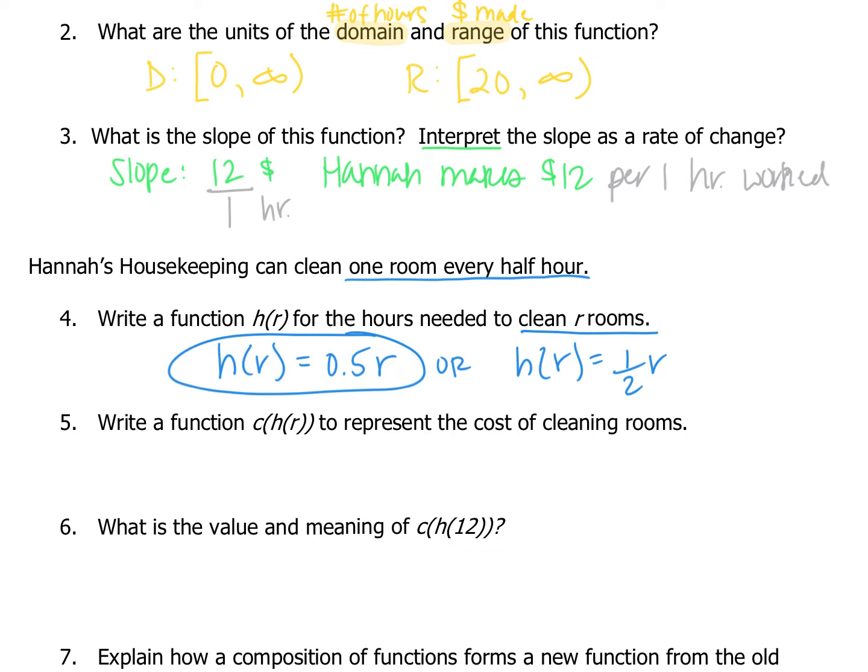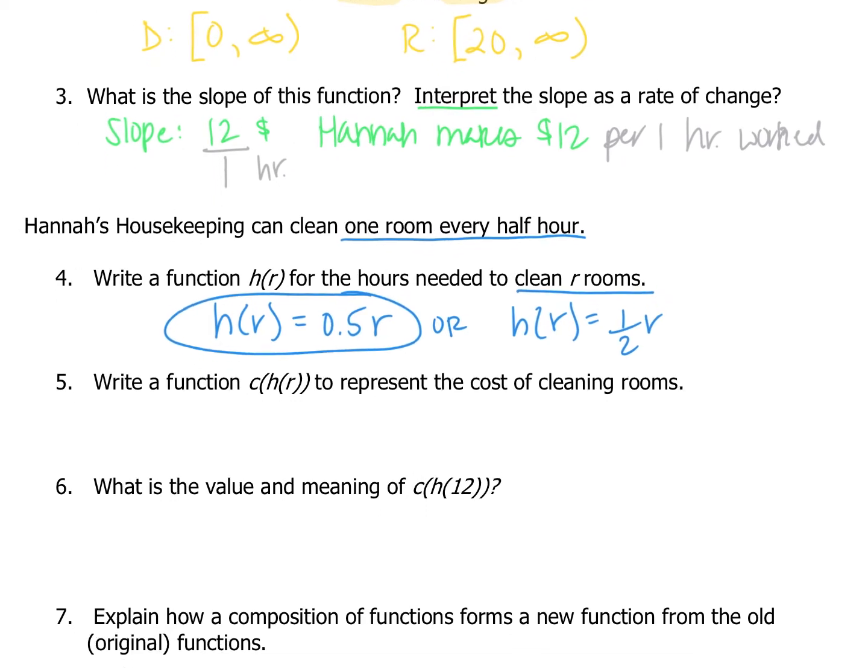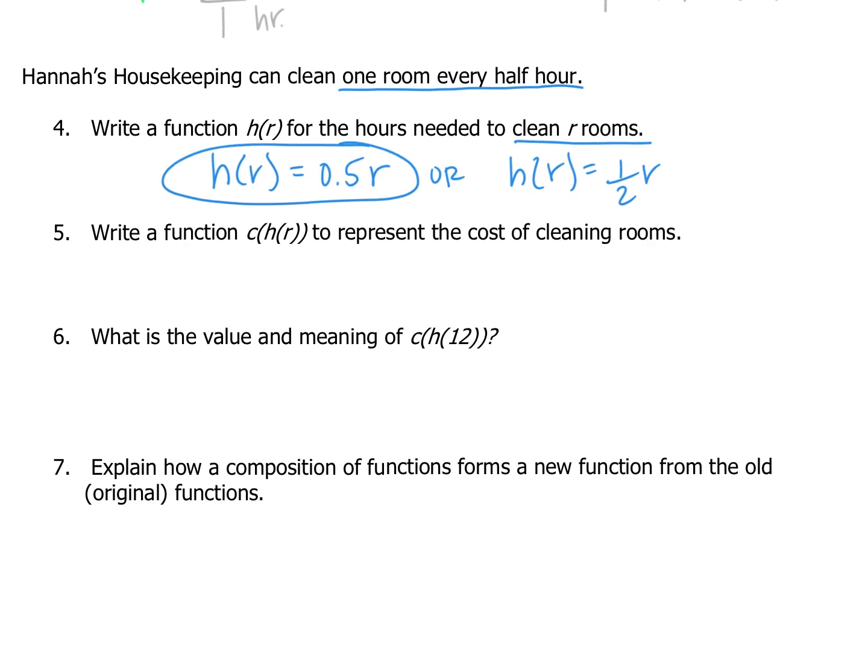Now here's the messy part. This is where the previous problem comes into play. This is our new notation that we're looking at. This is the new piece. So if you look below, it wants us to write a function. Whoa, how do I even say that? Well, we first start off looking at what's on the outside and reading it to the inside. So I have c of h of r.